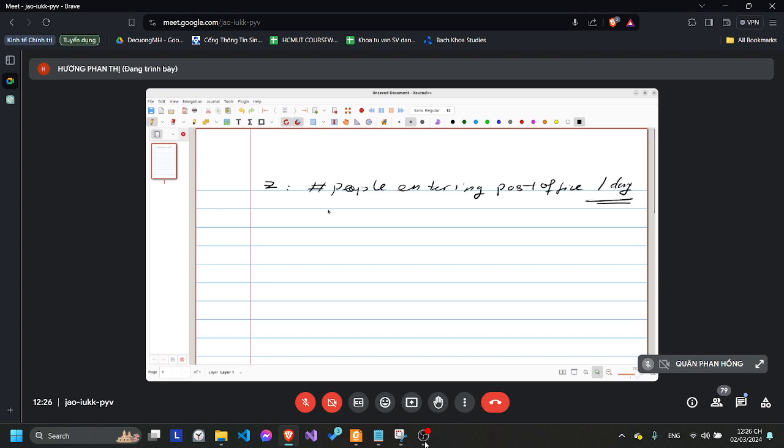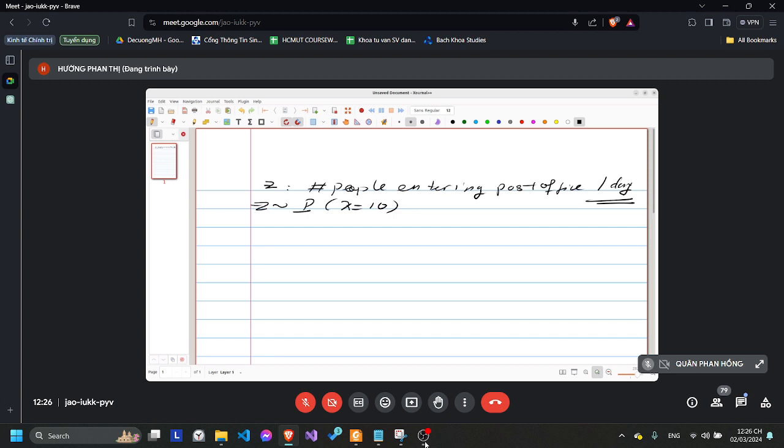So the unit will be 1 day. And suppose that we know Z follows a Poisson distribution with lambda equals 10. It means that on average there are 10 people entering the post office per day.